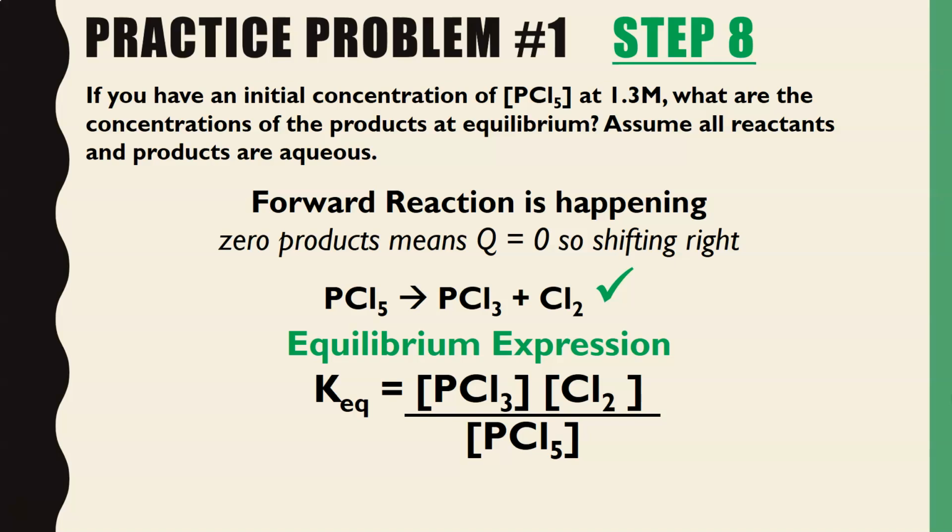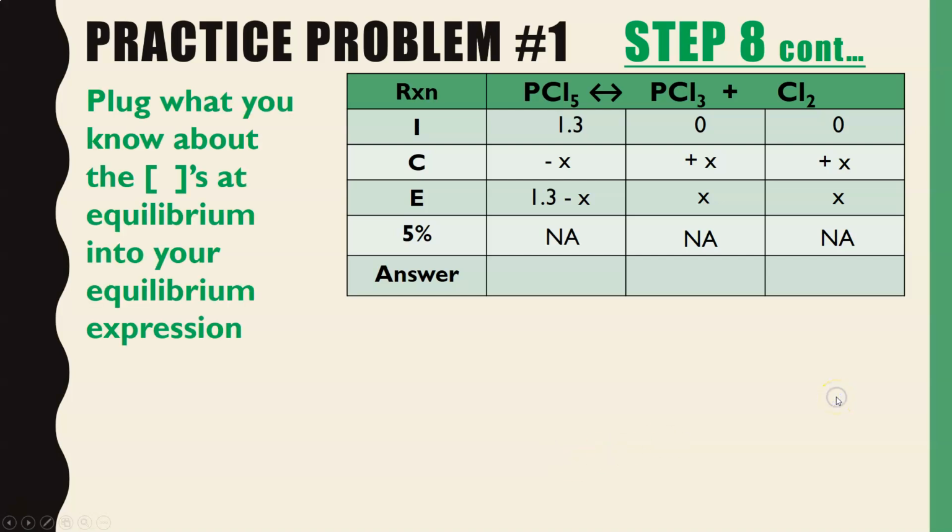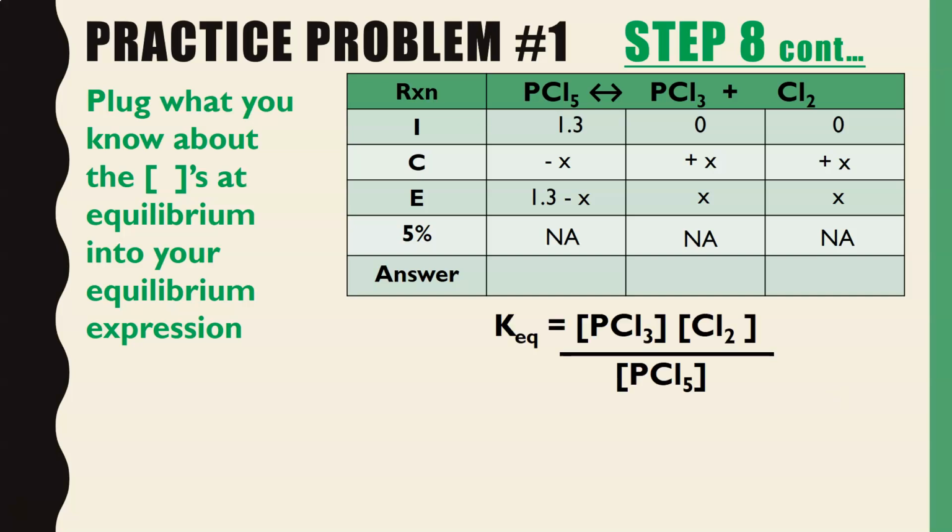All right. Next, we're going to use this equilibrium expression. We're going to plug in our K value. We're going to plug in the concentrations that are happening at equilibrium. Remember, there's x's involved. And we're going to solve for x. So here's our chart. We're going to plug everything in that we know. You're going to use these values.